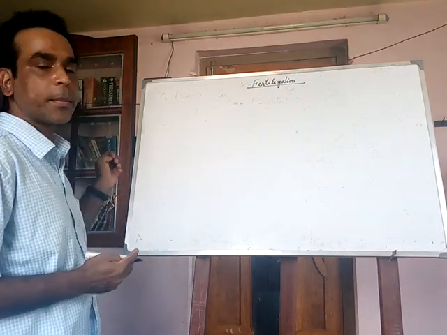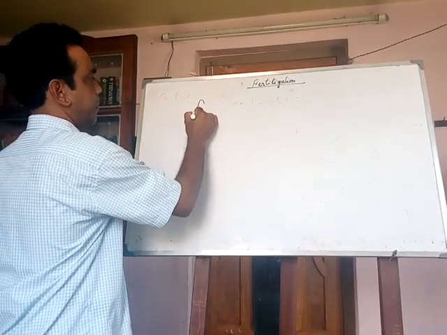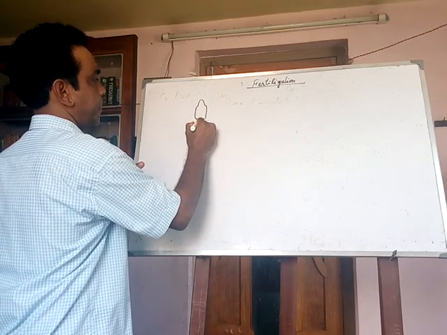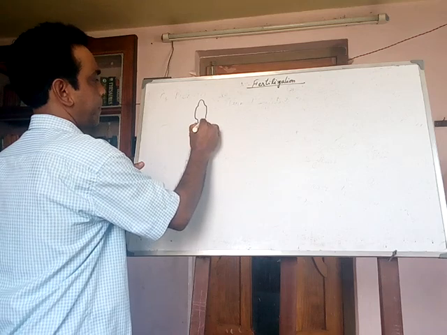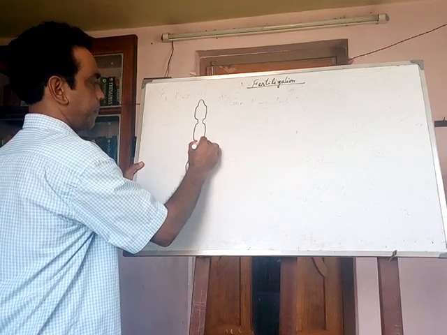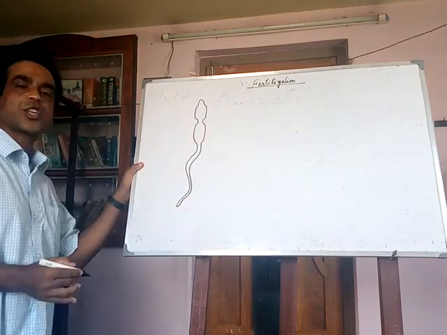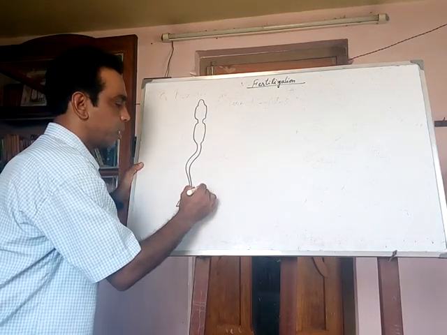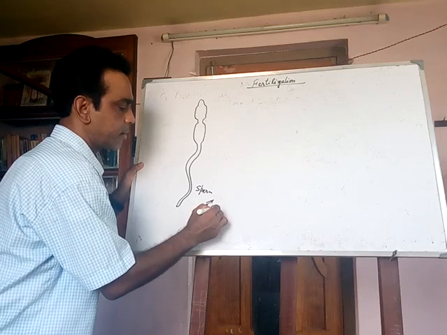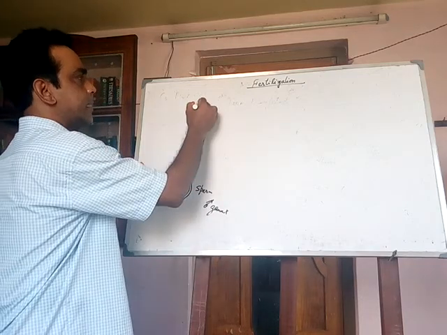The male gamete is the spermatozoa or sperm. This is the structure of the sperm or spermatozoa, the male gamete. That is the acrosome cap.